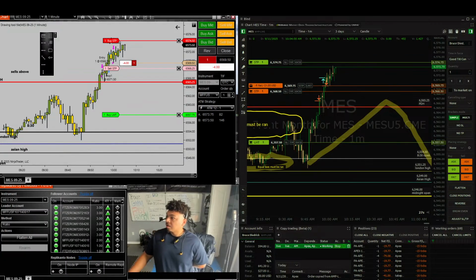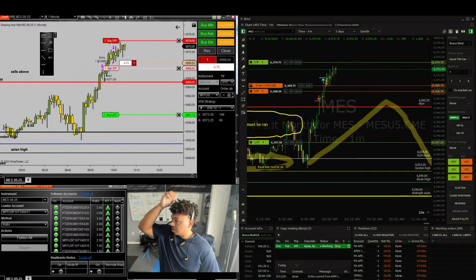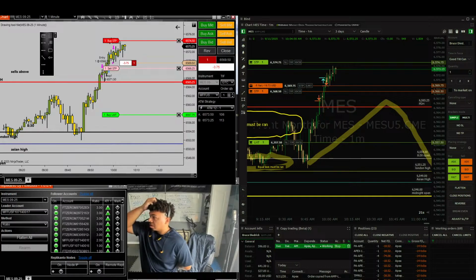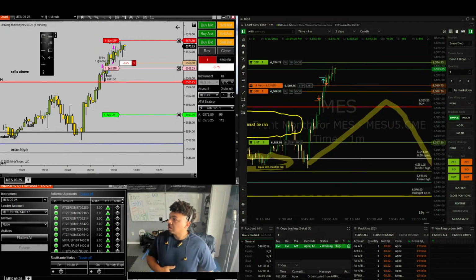Yeah, this was a bad setup. So that's two C setups that I took without actually having a confirmation candle or anything, just getting kind of overzealous. Let's see.